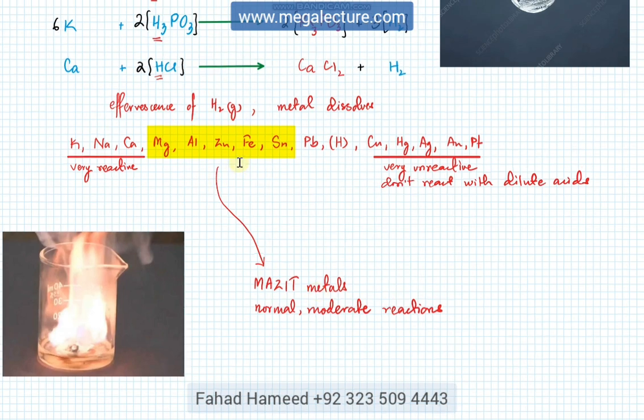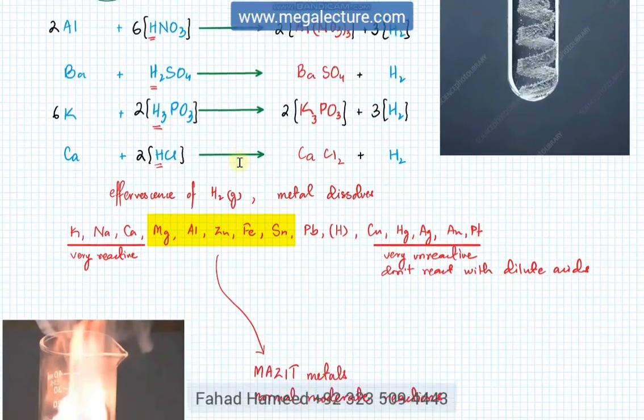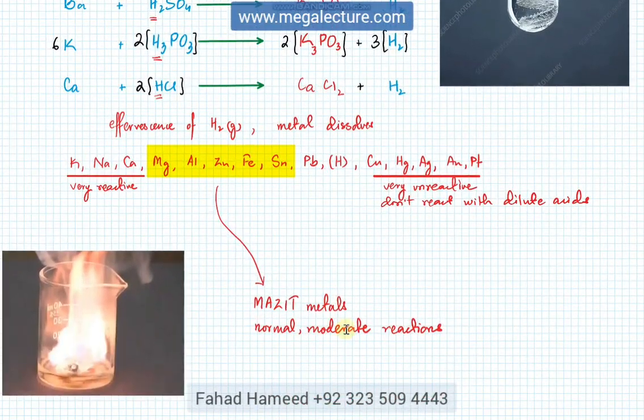So for the above reactions, it's recommended that you use these particular metals because it's going to be safe to perform these reactions in the lab. Now, as you go lower down in the reactivity series, the very unreactive metals like silver, gold, etc., won't react with dilute acids. If they were to react, they would probably react with very, very concentrated acids at very high temperatures. These metals are highly unreactive, so you don't really expect a reaction when you add a metal like copper or silver to an acid.